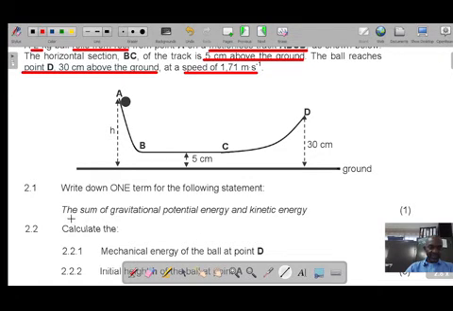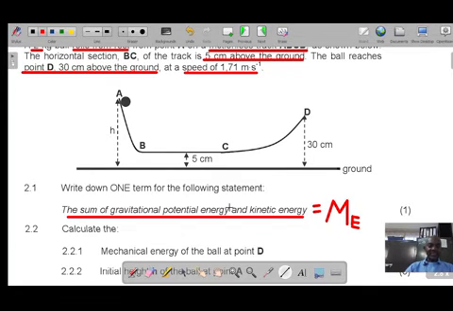Guys, whenever you get the sum of gravitational potential energy and the kinetic energy, you get mechanical energy. So our E mechanical is the answer here. Let's proceed now.